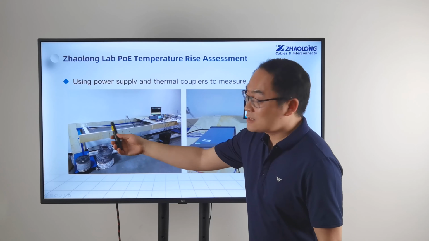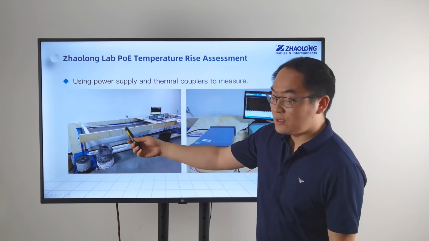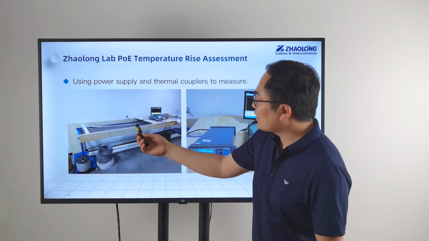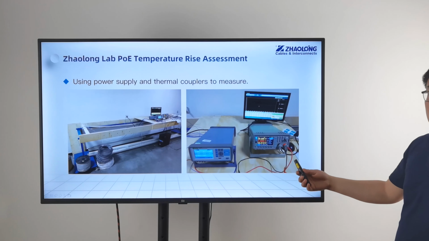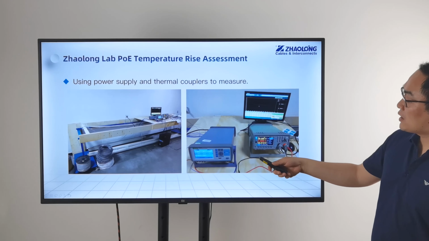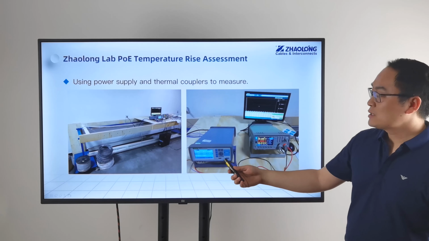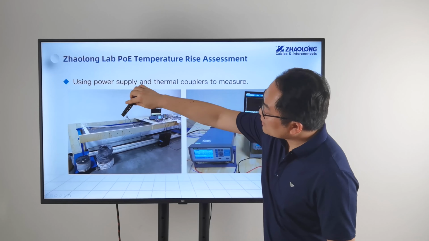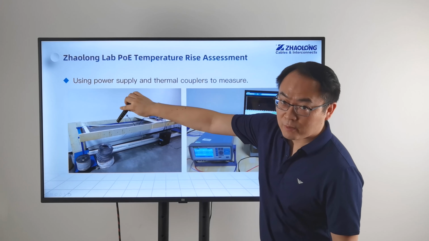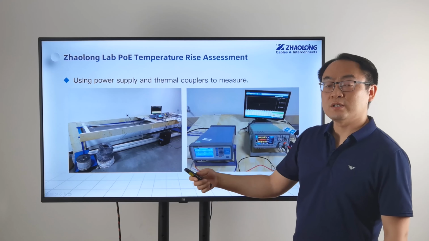Then we bundle up a certain number of cable elements and fit thermocouples into the central element. Then we use this power supply to inject the DC current, and use the thermocouples to monitor the temperature. So we can monitor the ambient temperature here and the temperature inside of the cable bundle, then we can calculate the temperature rise when the DC current is on.